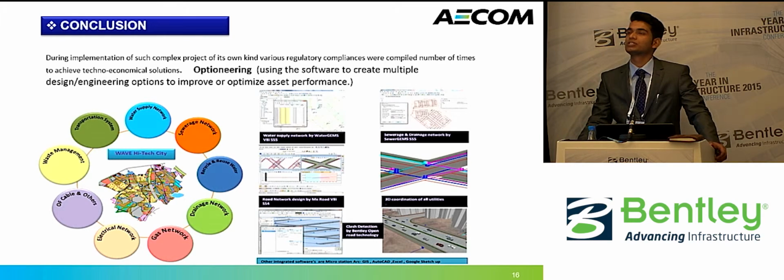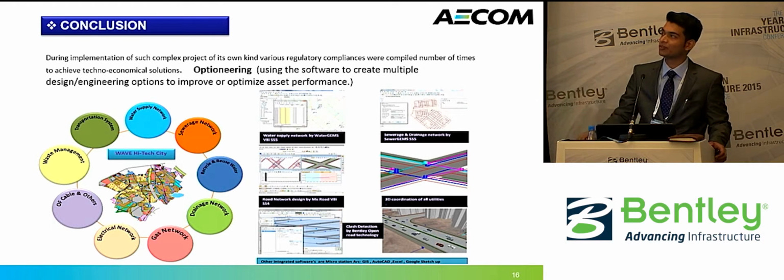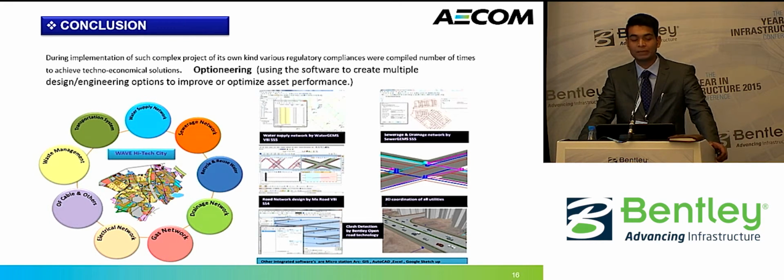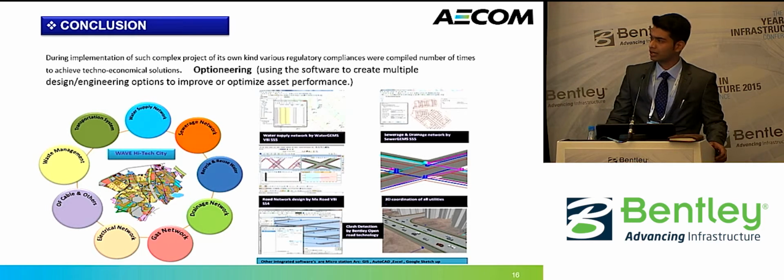While using the Bentley software, we reduce our time, money, risks, and all these things. And we have given the name optioneering. Optioneering is a word we developed, using the software to create multiple engineering options to improve asset performance. This is a glimpse of what I explained in my presentation.